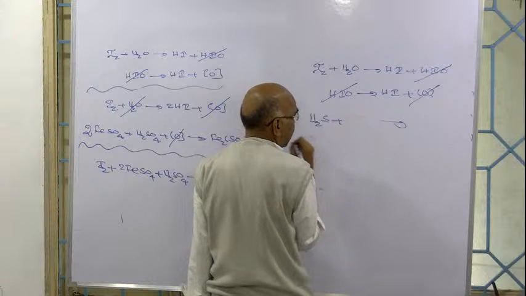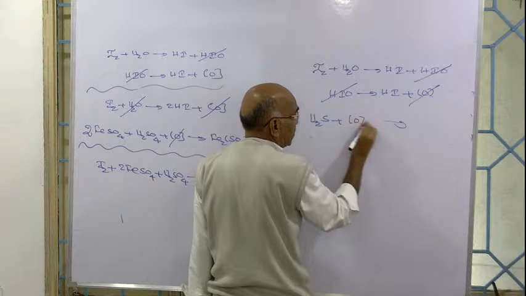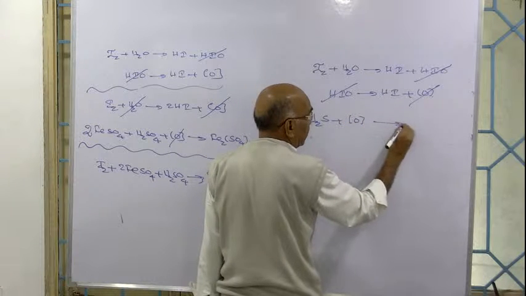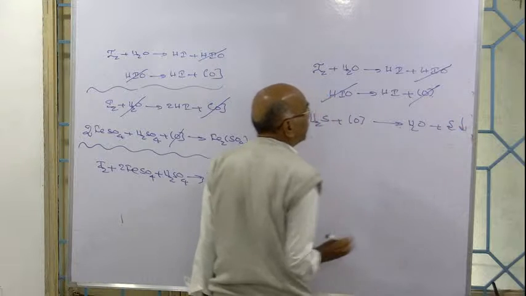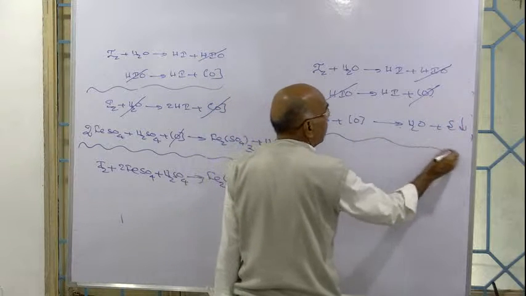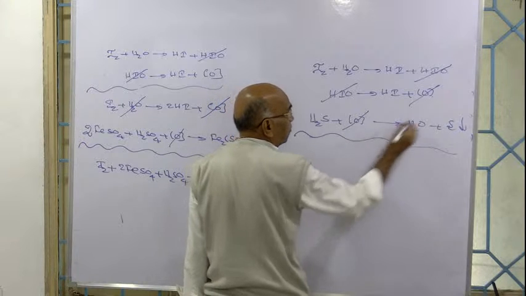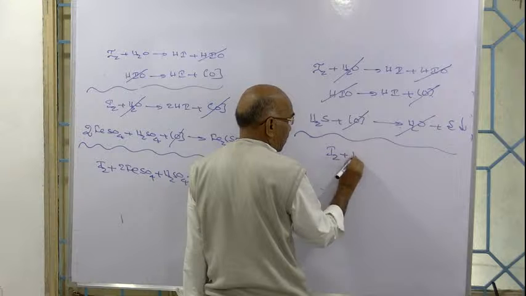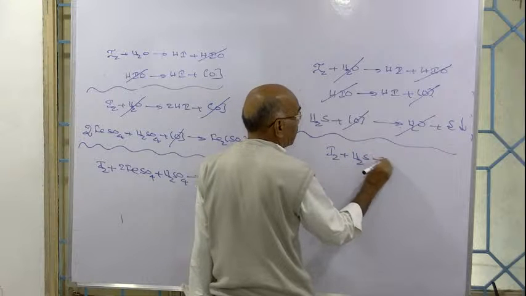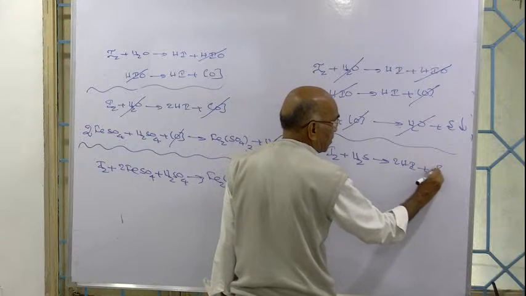So it is a direct reaction. Oxygen gives water plus sulfur, precipitation. Now what can be cancelled? I2 and water cancel. Direct reaction: I2 plus H2S gives 2HI plus sulfur.